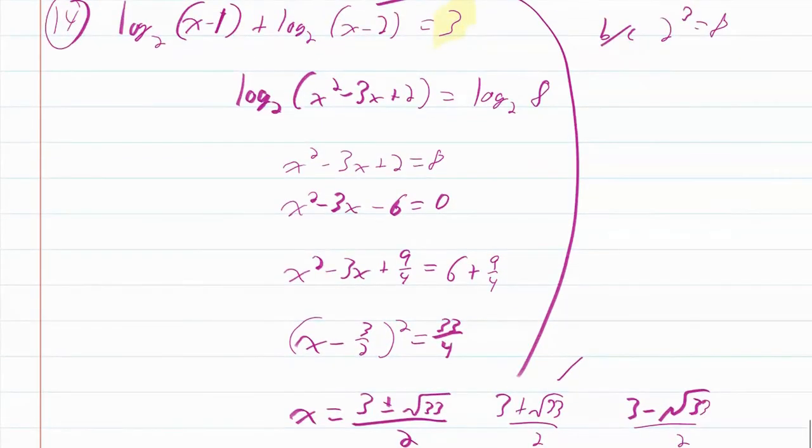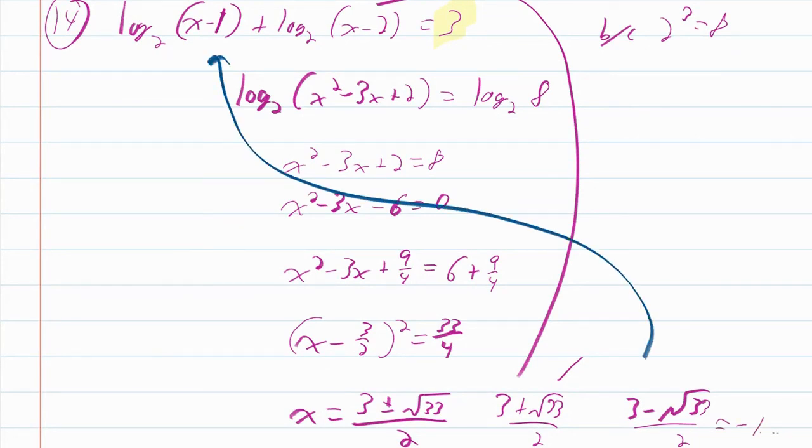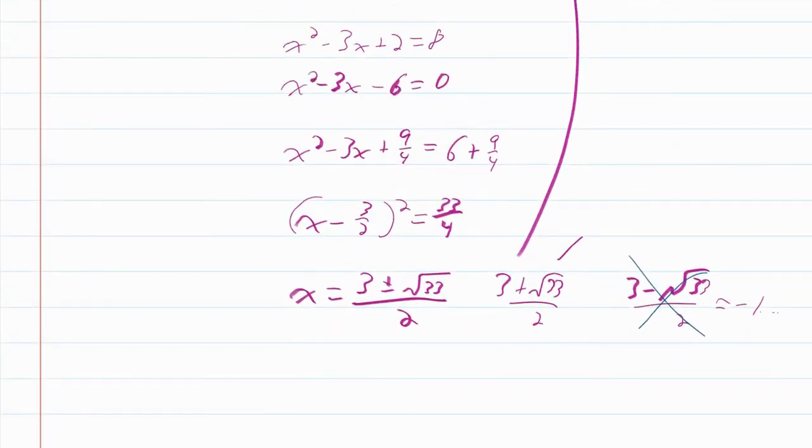It's a little bit bigger than 5, which means that this is going to be a number that's about negative 1 point something. That is definitely not going to work right here. It's going to plug in and get you a negative, so that's out. And my solution should just be x is equal to 3 plus root 33 over 2.